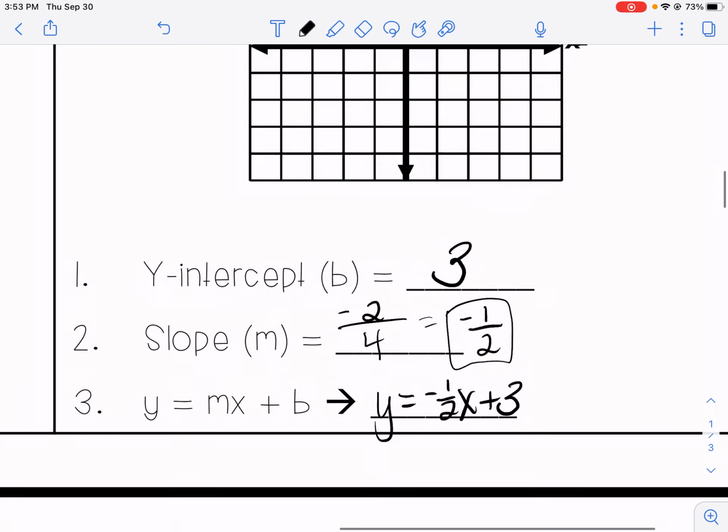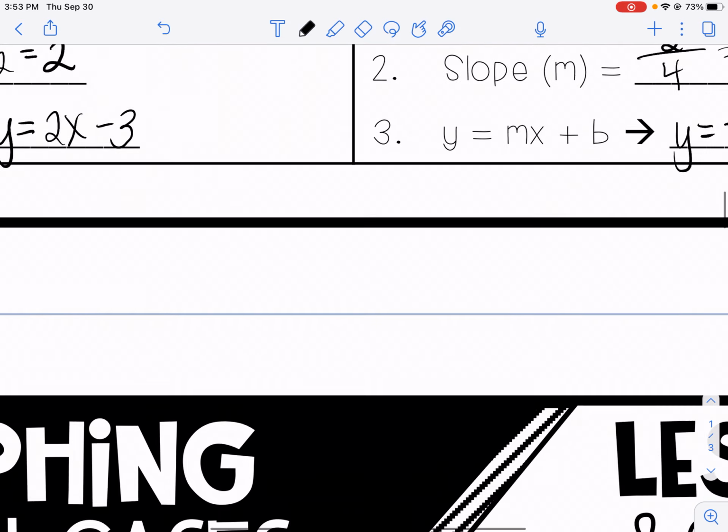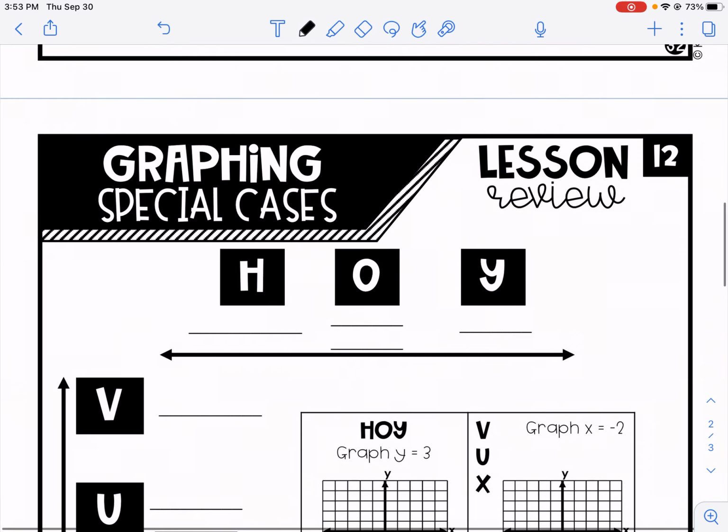Okay, on to special cases. We talked about 0 slopes and undefined slopes, and that's where this comes into effect. Okay, so this line right here, let me highlight it so y'all can see. This yellow line that I'm highlighting is a horizontal line.